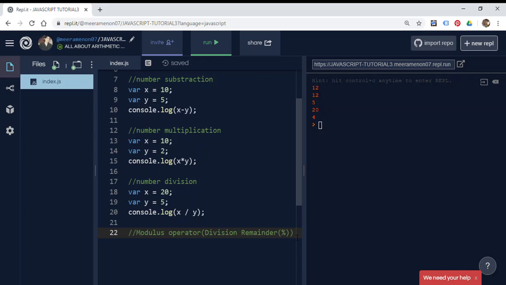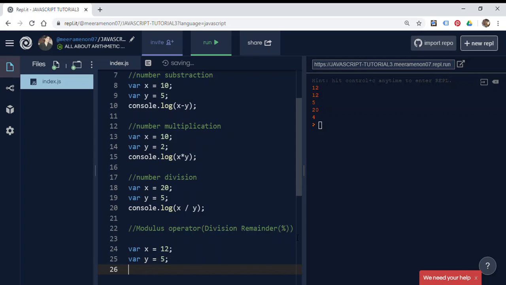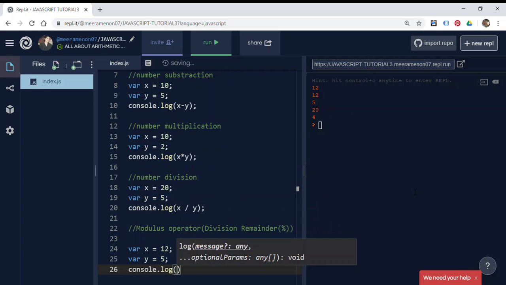Okay, we see how. Let's give variable x a value of 12, variable y a value of 5, let's say. Just for example's sake, console.log x percentage of y.